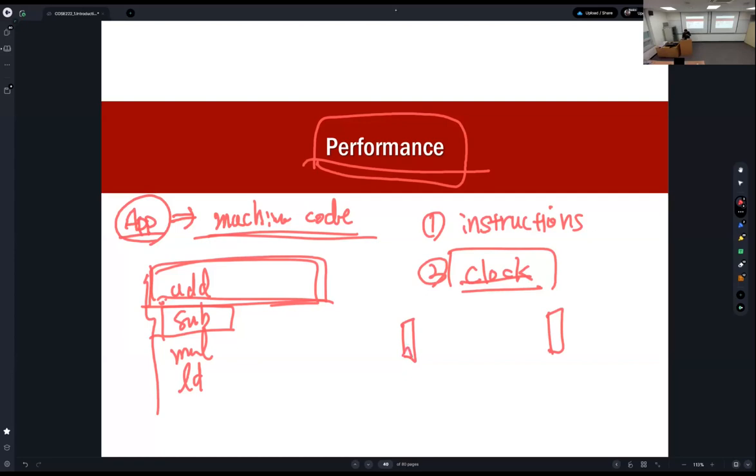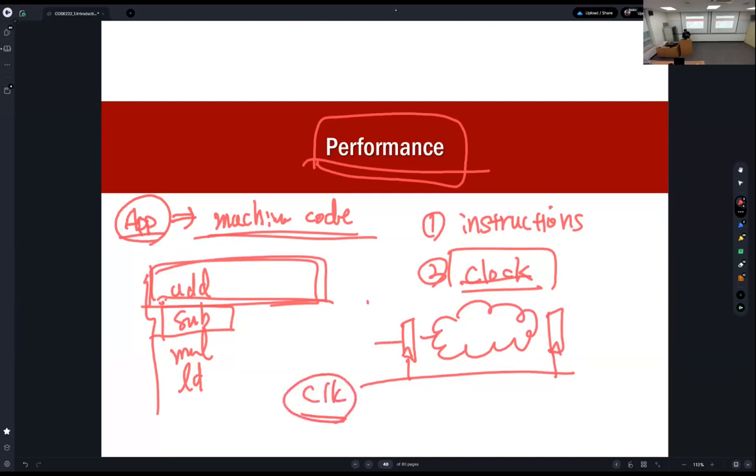This is the structure of a typical digital system. This is the clock signal, and this is a flip-flop, and this is another flip-flop.